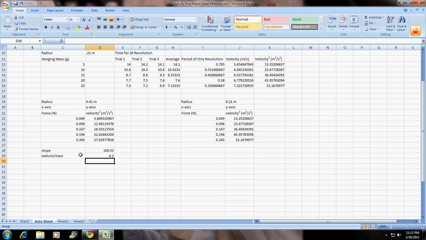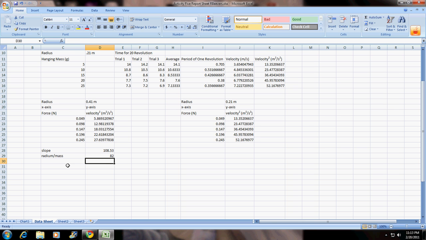Okay. Oh, I think I may have made a mistake here. Let me check this. Oh, I've divided by 100 and not 1,000. That's my mistake. So that should be divided by 1,000. Okay, and so what that does is it gives us a value of 82. And we're supposed to compare that value to the slope.